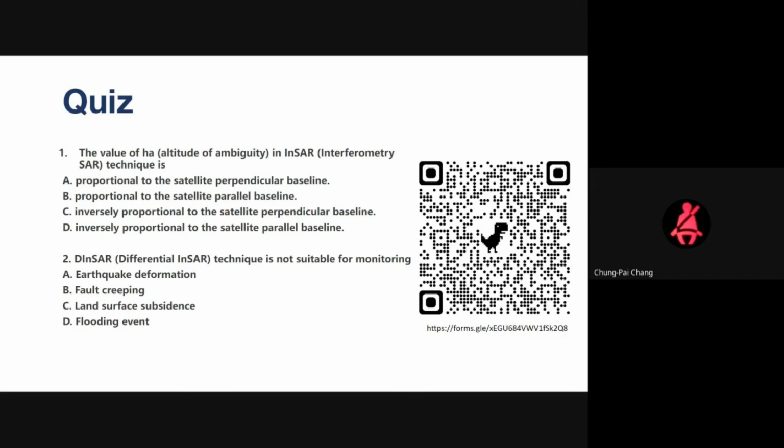You can calculate the precise orbit, and based on this precise orbit result, you can remove the orbit effect and do the InSAR and DInSAR or PS-InSAR technique. But for the airborne, the track of the aircraft is not so stable.